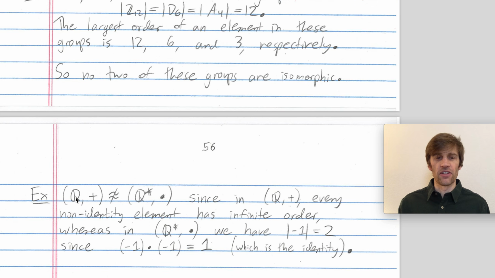In the rationals under addition, every non-identity element has infinite order, whereas in the non-zero rationals under multiplication, we have an element that's not the identity that has finite order. -1 is not the identity, and it has finite order.